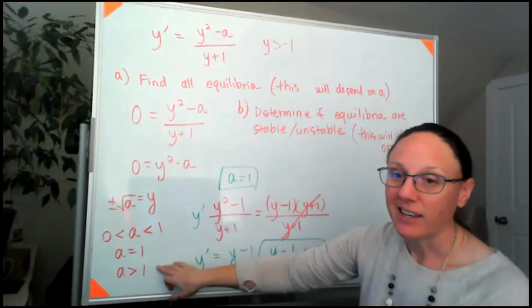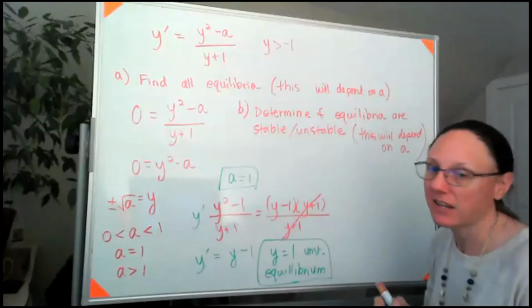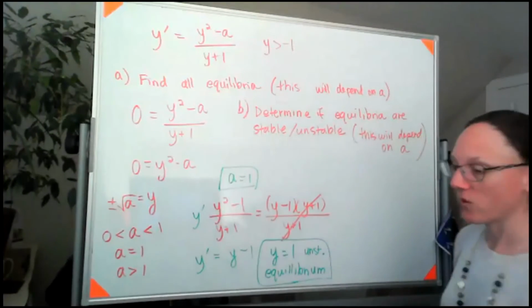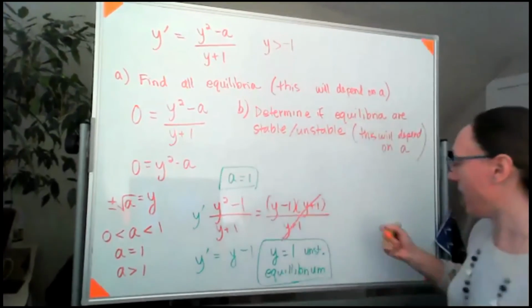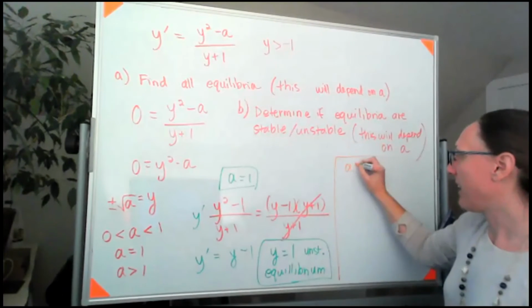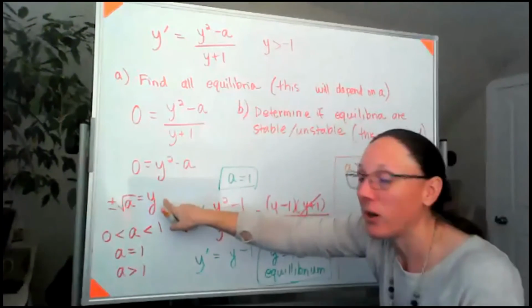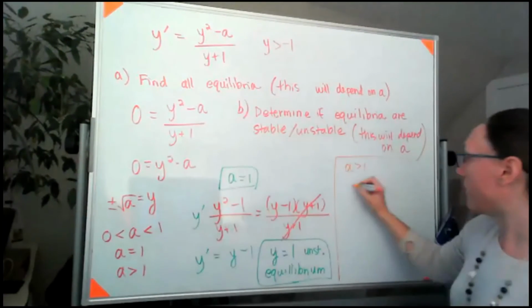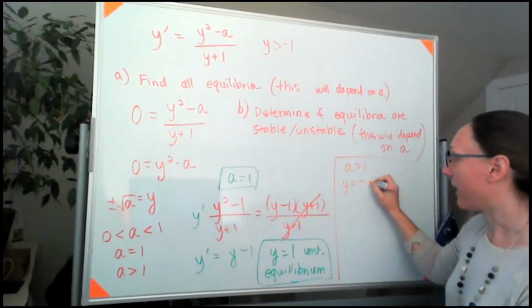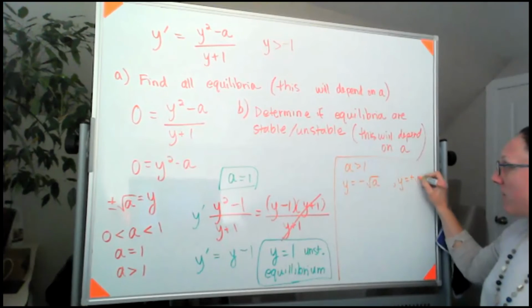So if a is greater than 0, let's look at that case, or sorry, greater than 1. So let's investigate the a is greater than 1 case. And if a is greater than 1, we know that the equilibria are going to be negative square root of a and positive square root of a.